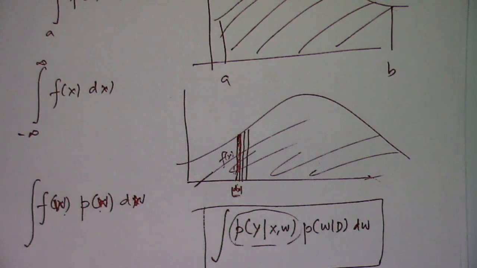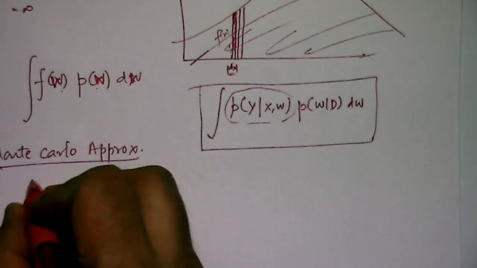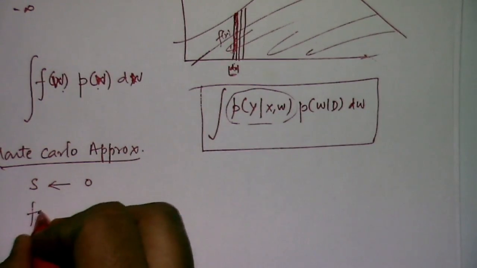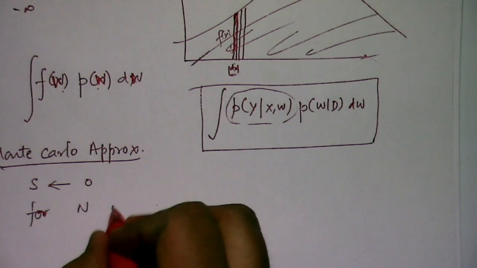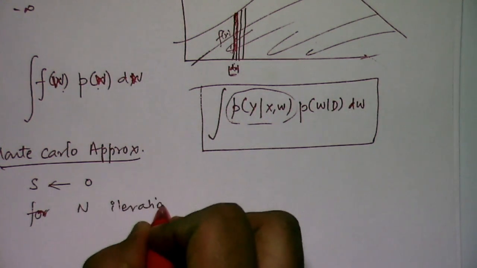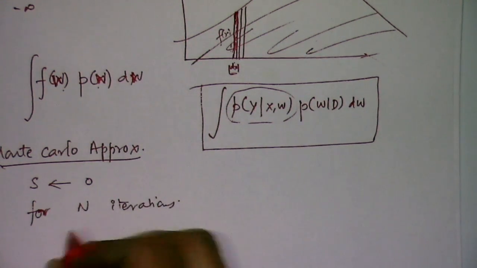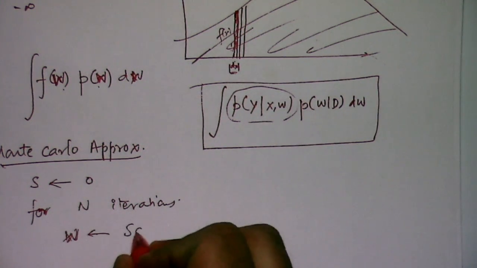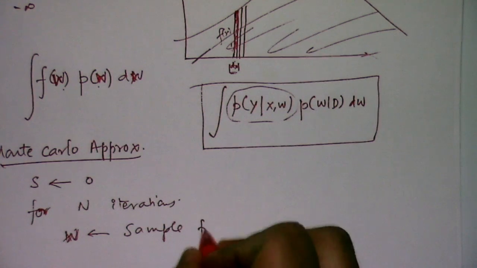Now, how do we do that in an approximate way? This is what we call Monte Carlo approximation. So here what we do is we sort of do a loop, okay? So we'll have some s, which will be 0. Then for n iterations, w is a sample from p of w, because we have this distribution, right?